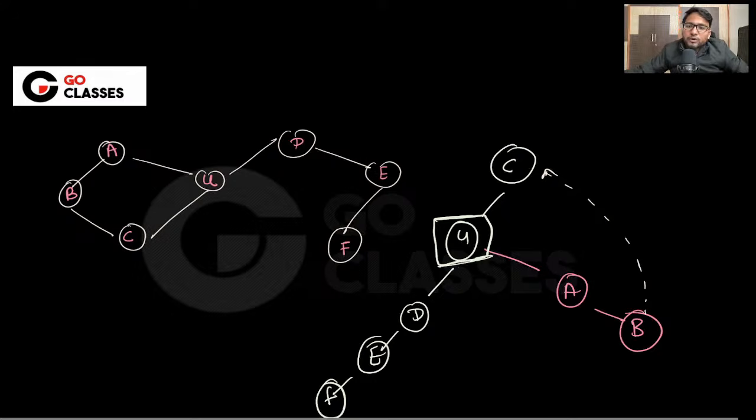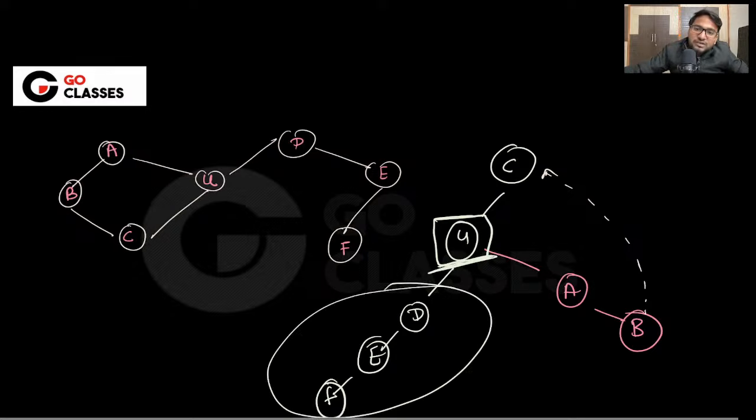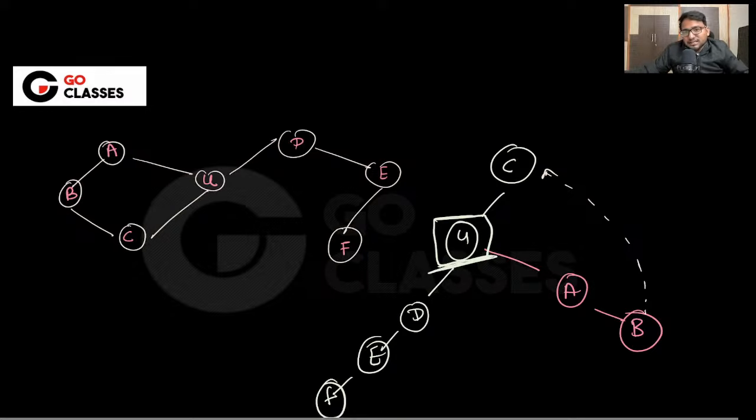Isn't it an articulation point just because its descendant is connected to the ancestor? No, I will not look at this. I will look at whether at least one subtree is there such that its descendant is not connected to the ancestor. Is this true? Yes, at least one subtree is there such that its descendant is not connected to C. So that's why it is the articulation point.